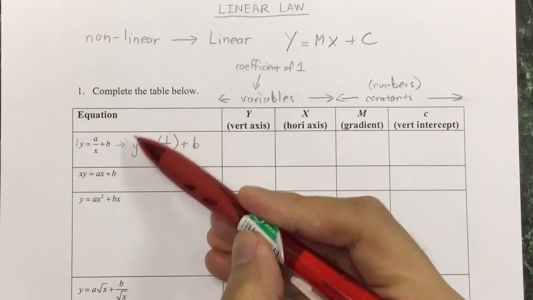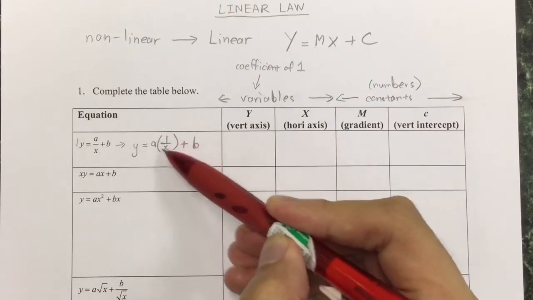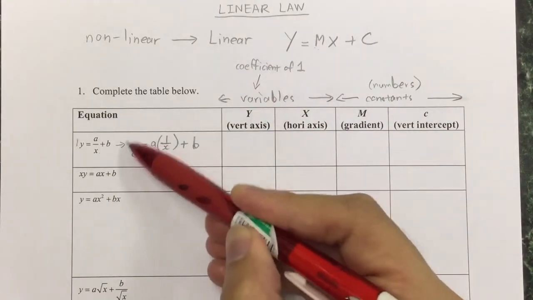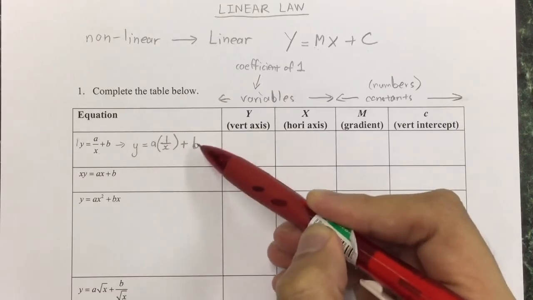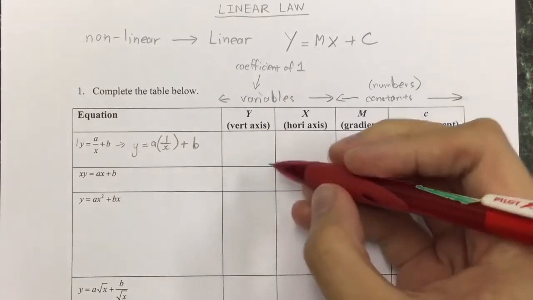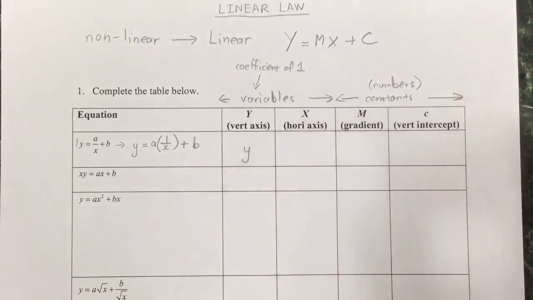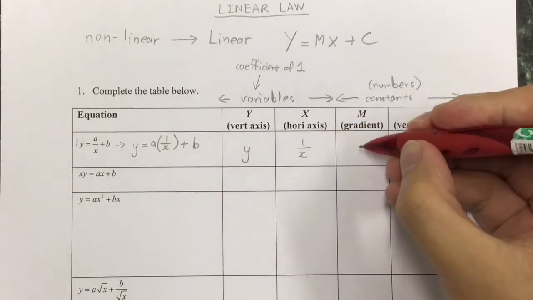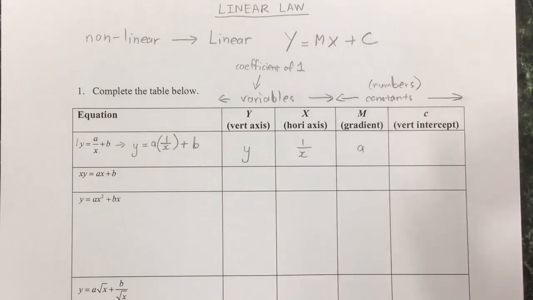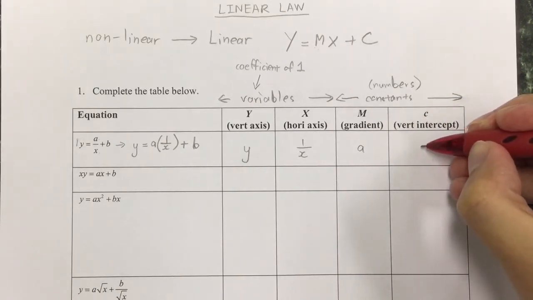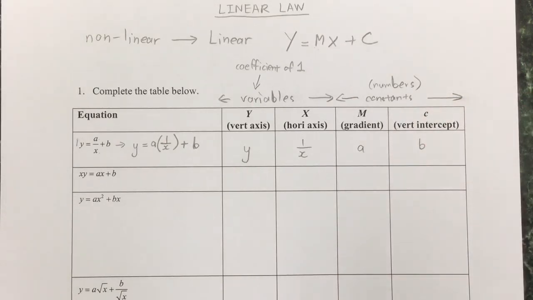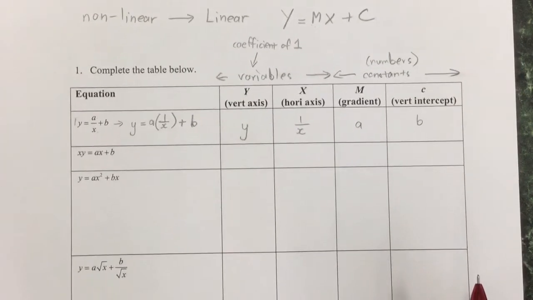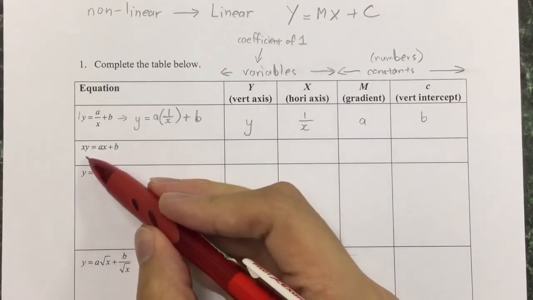So there you have it, y equals to mx plus c. Coefficient 1, purely a variable. So now you can clearly see that y will be the vertical axis, 1 over x will be the horizontal, the gradient m will take on the value of a, and the y-intercept c will take on the value of b.